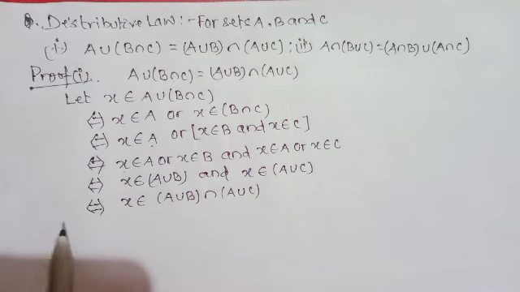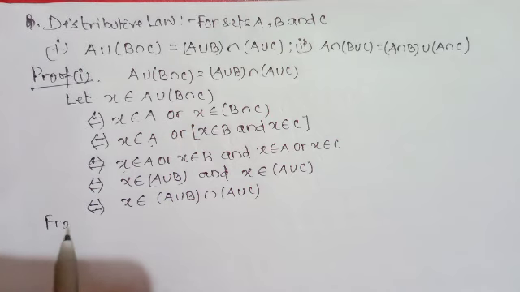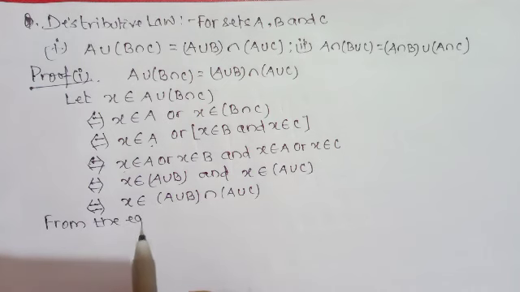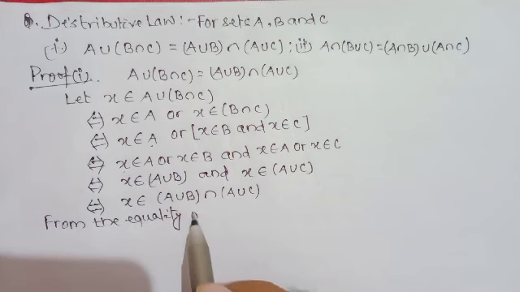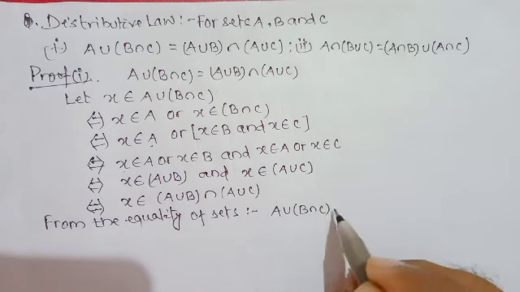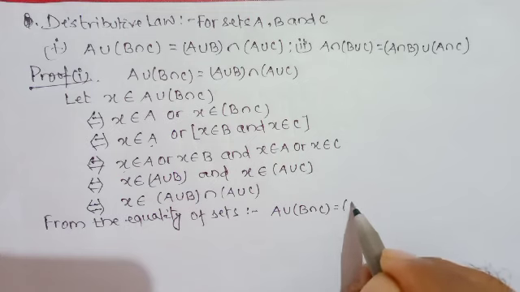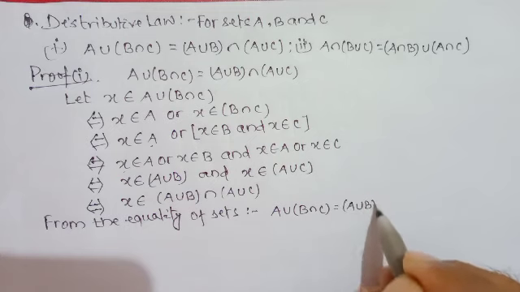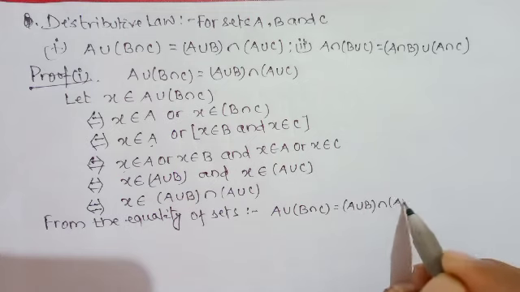So write from the equality of sets, A union B intersection C is equals to A union B intersection A union C.